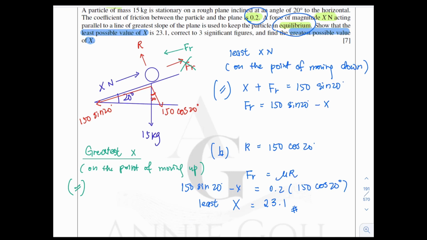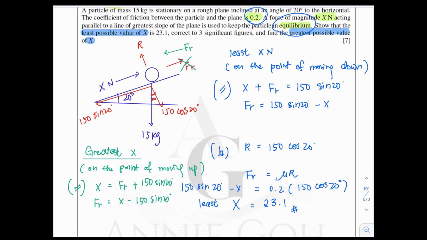So the force that is going upwards, the x Newton, should be equal to the downward force, which is friction and the 150 sine 20. So from here you can figure out that the friction is equal to x minus 150 sine 20 degrees.